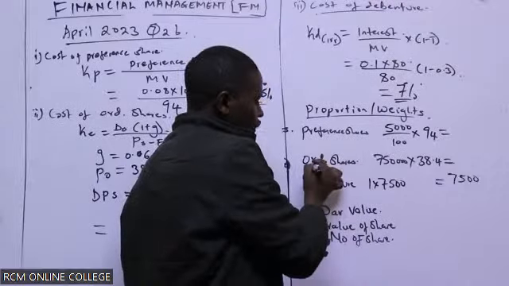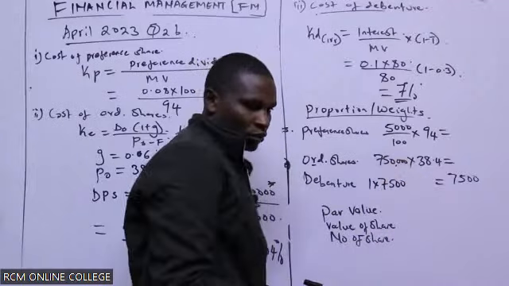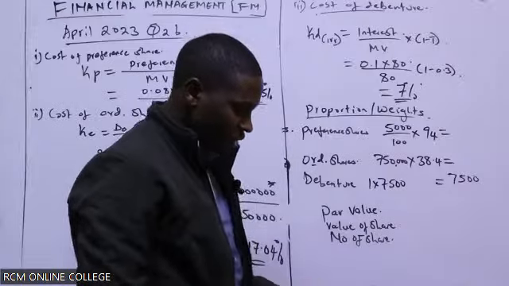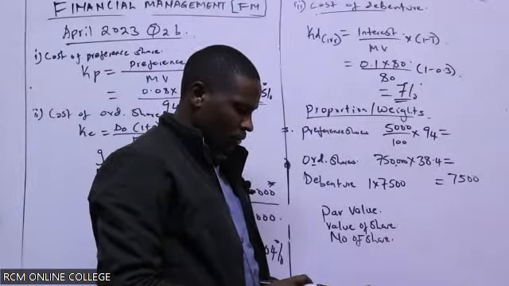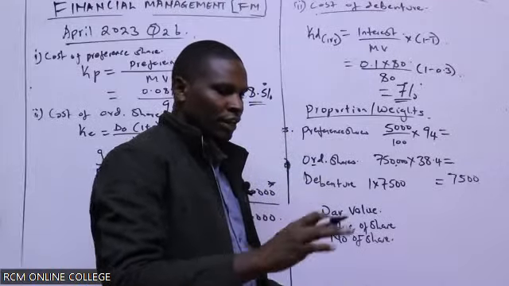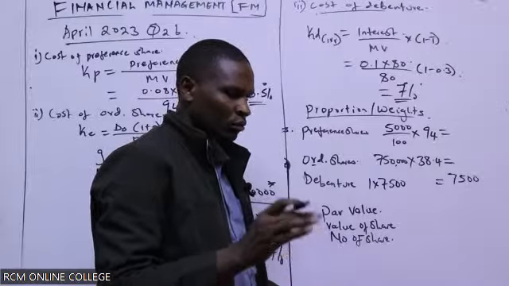Now, for the ordinary share Immaculate, we are already given 750,000 as number of shares. I don't know if you have seen it there. We are given number of shares 750,000. Immaculate, hope you see that 750,000 shares of 20. So we don't struggle to find anything, because we already have number of shares.